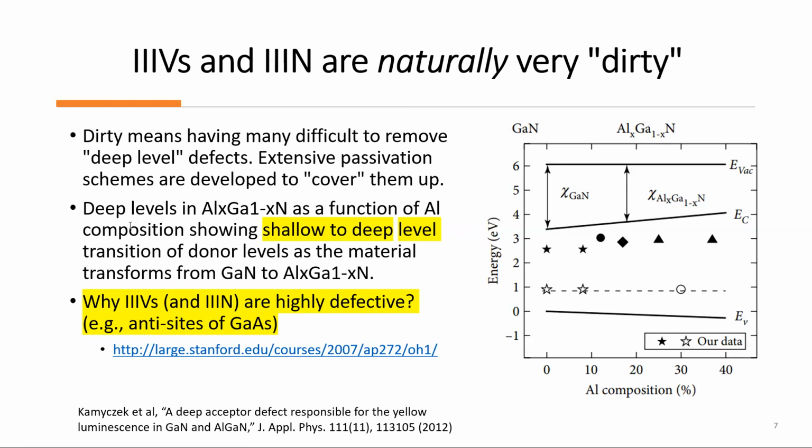But none of them can reduce to a level that is very satisfactory up to now. And then the deep level is also functional on aluminum, so the energy position will be different. That adds more complexity. And why is it so defective? Okay, and we could look at this Stanford report.